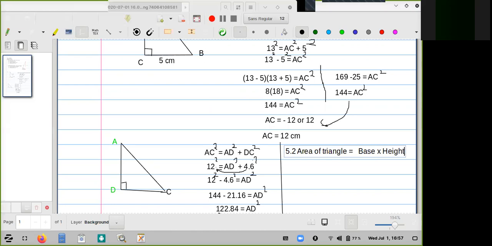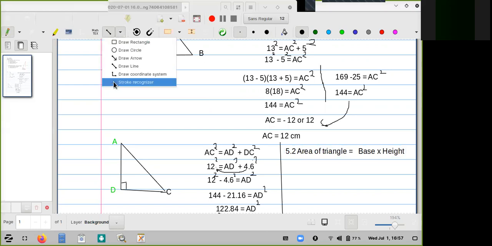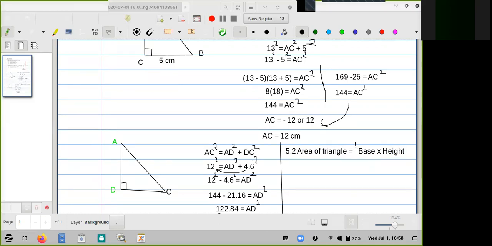So in this case, we are saying it's half base times height. When we are talking about height here, we are simply saying this is one of the sides which is perpendicular to the other side of the triangle, right?